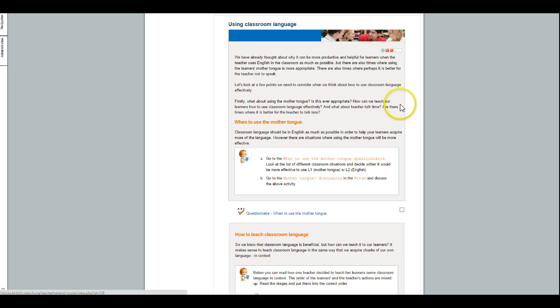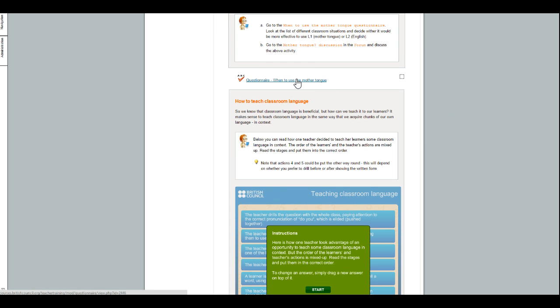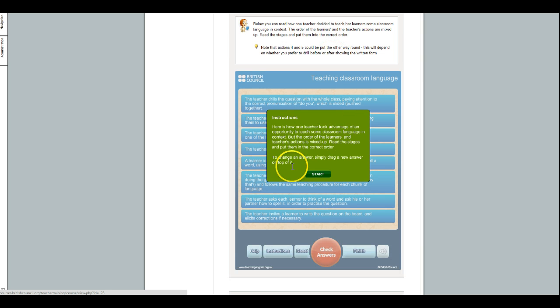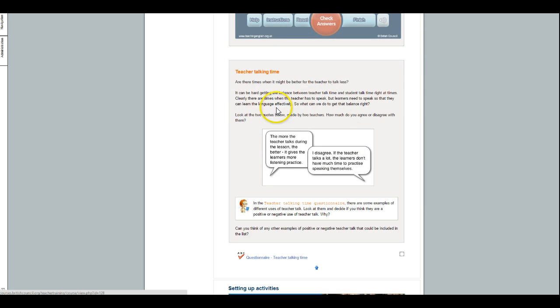Basically, we're just going to take a look at it. We'll finish this questionnaire here, with your ideas on when it's appropriate to use L1. And here, how to teach classroom language. This is an ordering exercise, a very good exercise. Then we go back to our TKT studies, and it's teacher talking time.